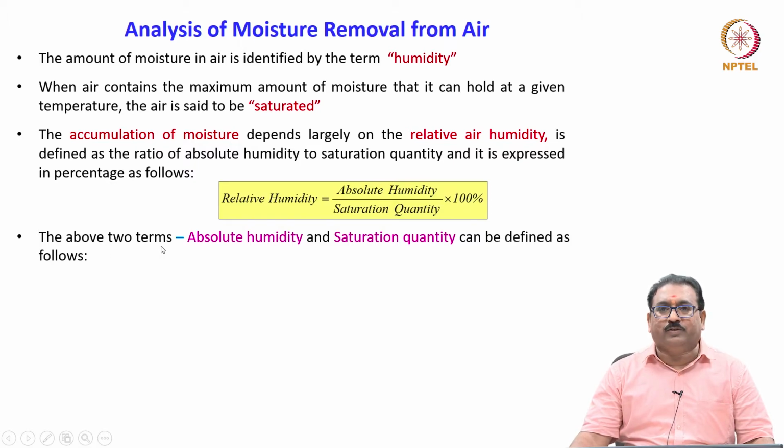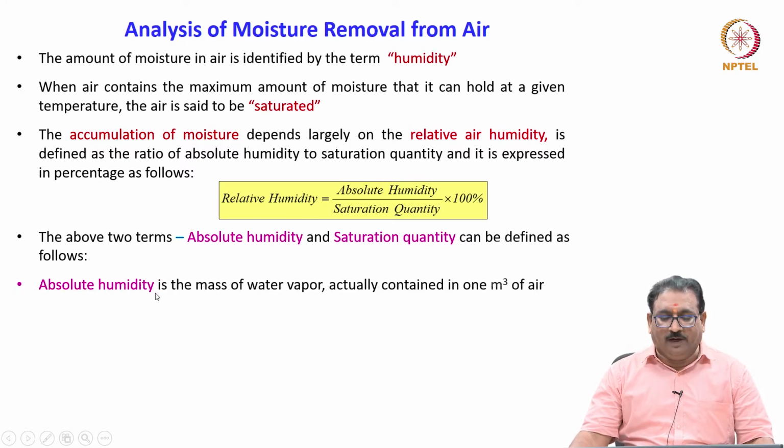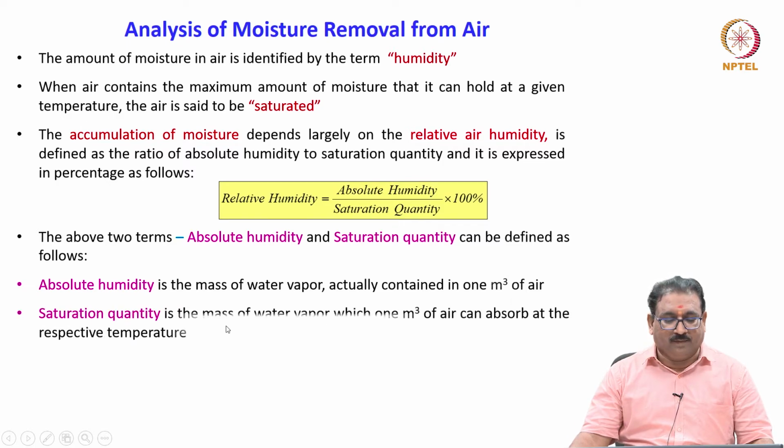The above two terms can be defined as: absolute humidity is the mass of water vapor actually contained in 1 m³ of air, while the saturation quantity is the mass of water vapor which 1 m³ of air can absorb at the respective temperature.